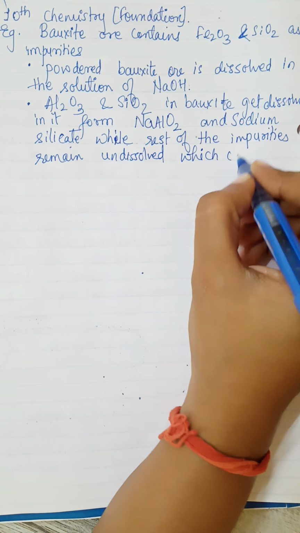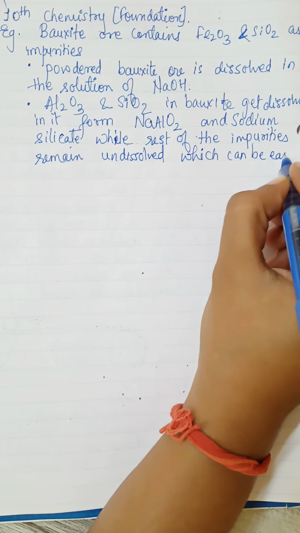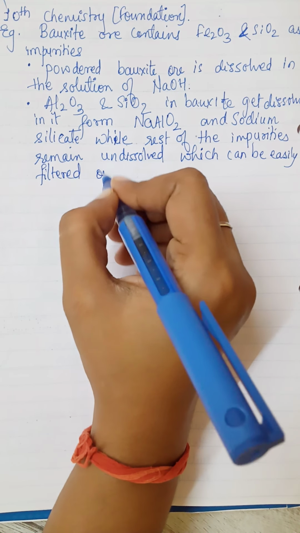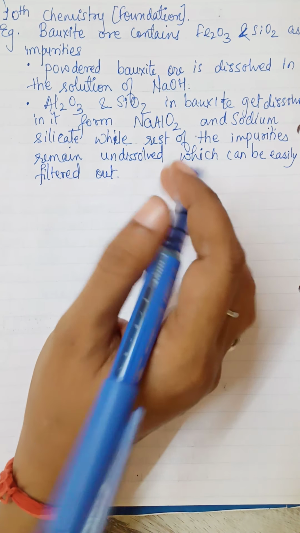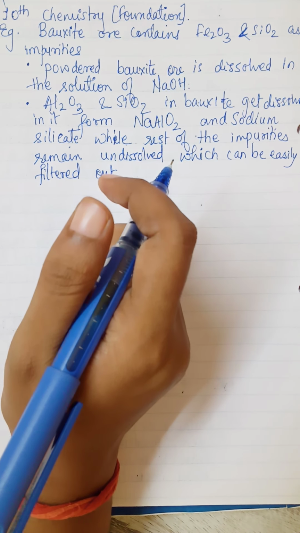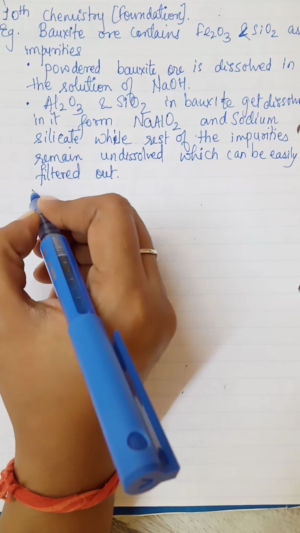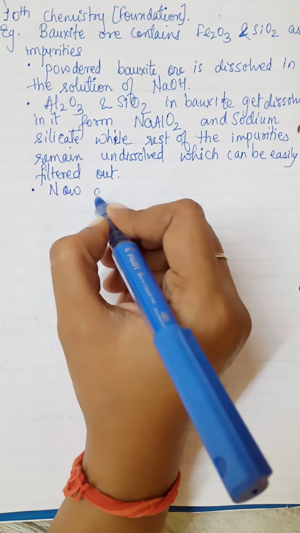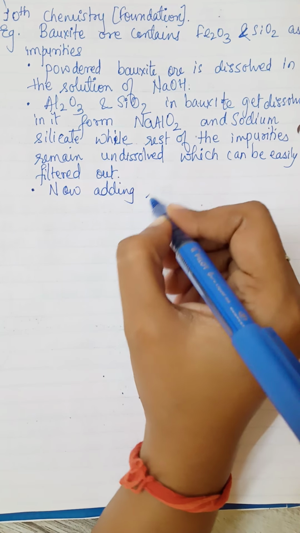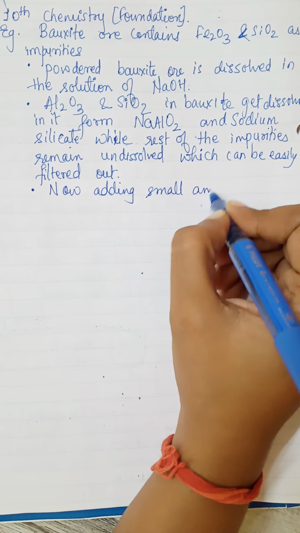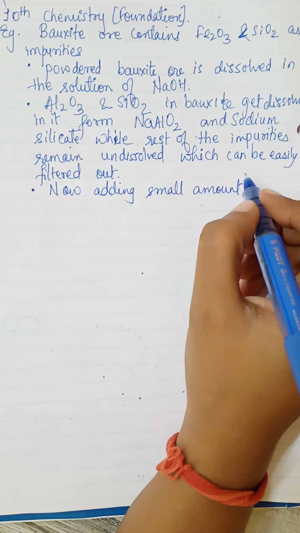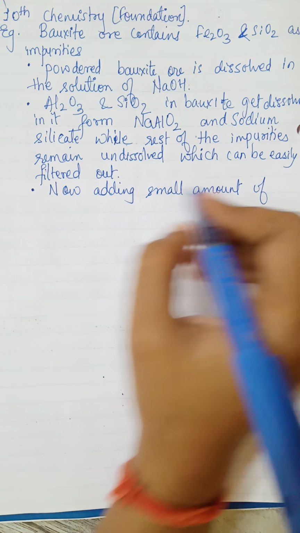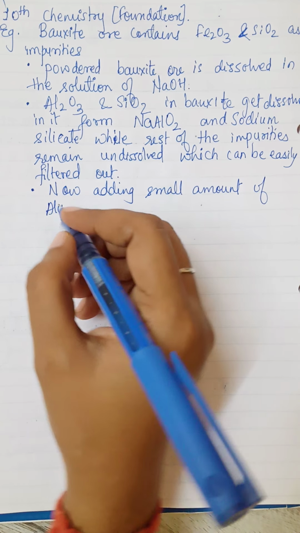Now to this dissolved substance, we add a small amount of aluminium hydroxide. We are basically not doing anything else, but we are adding a small amount of aluminium hydroxide.